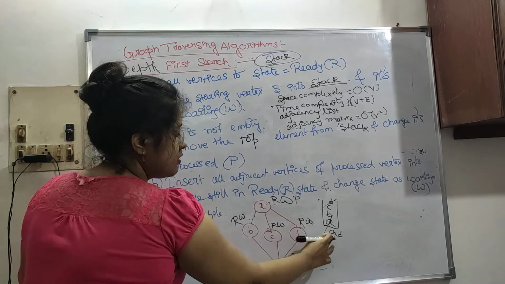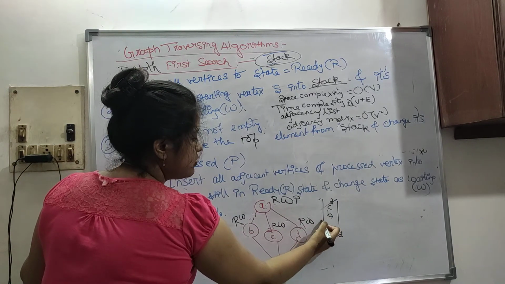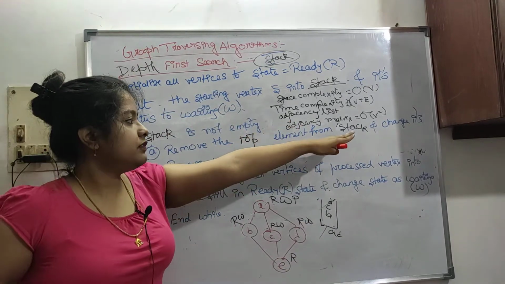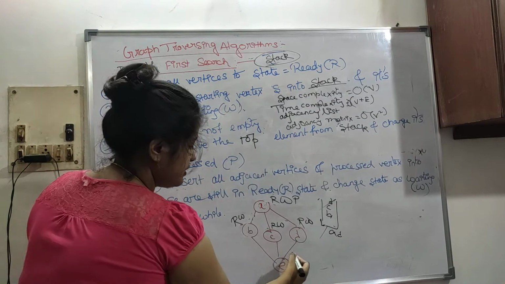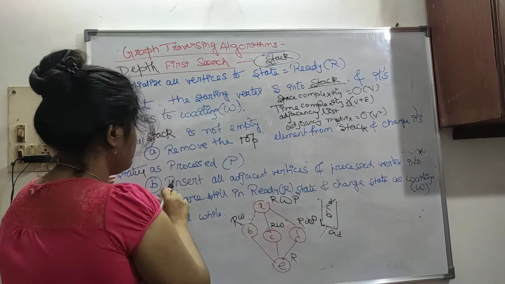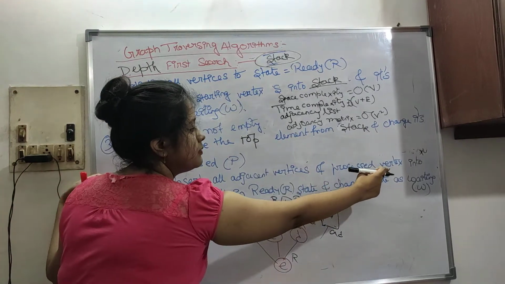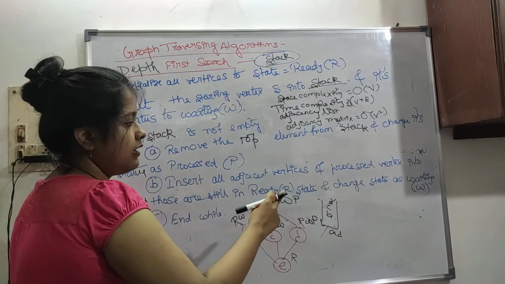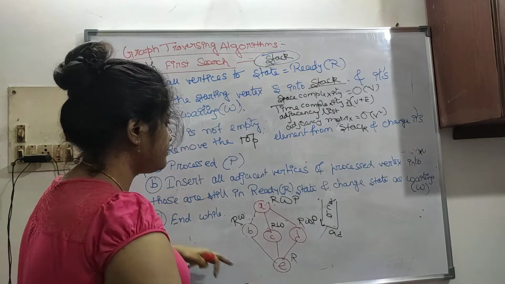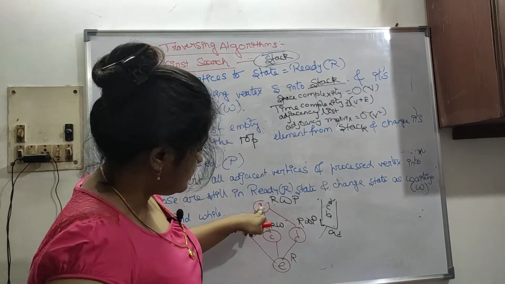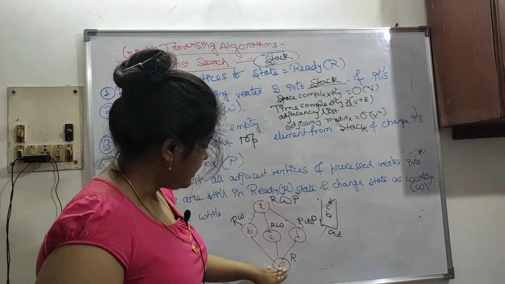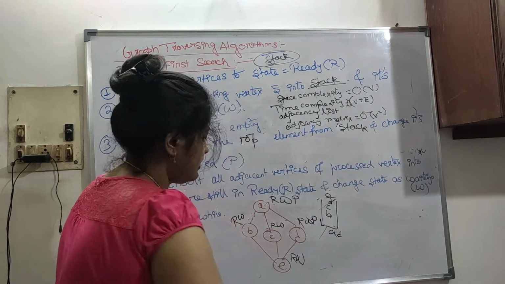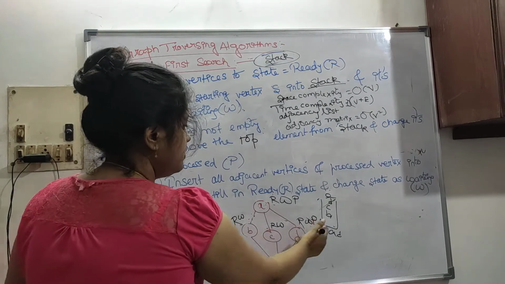A was the top element and it was deleted, so now our top element is D. Remove the top element of the stack and change its status to processed. Now insert all adjacent vertices of the processed vertex into the stack, those still in ready state, and change the status to waiting. The adjacent vertices are A, which was already done, so next is E. We insert it and change it to waiting. So now D is done.